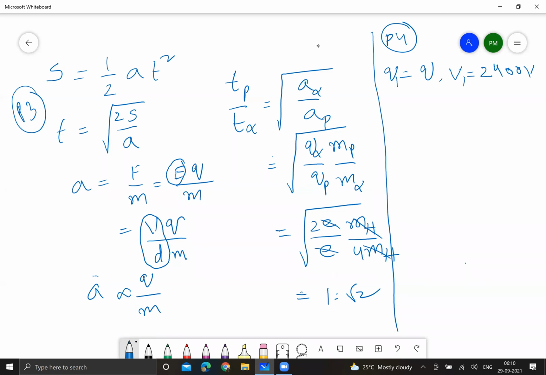Given the radius of the oil drop is 2 millimeters.